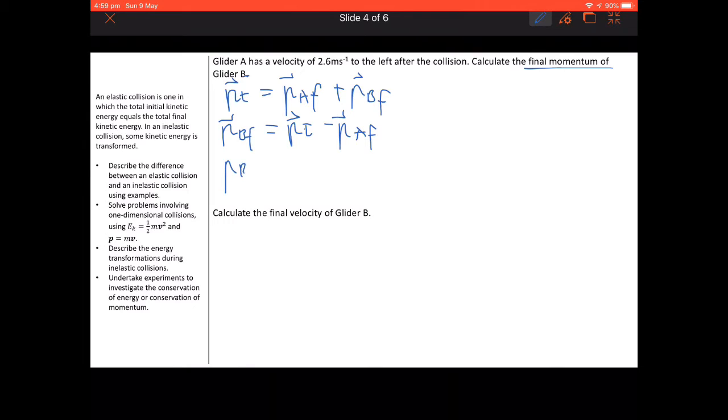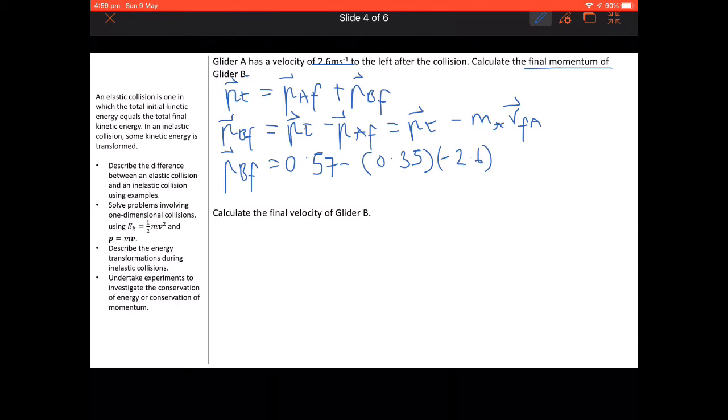If we sub in our knowns, total momentum is 0.57. The momentum of A is going to be equal to total momentum minus mass of A times the final velocity of A, and that is going to be 0.35 and then minus 2.6, which is our final velocity for A here.